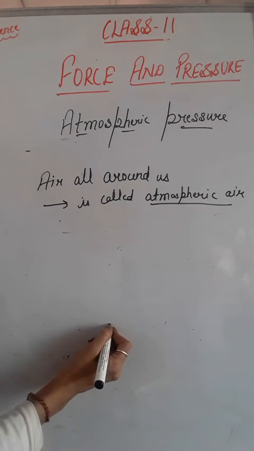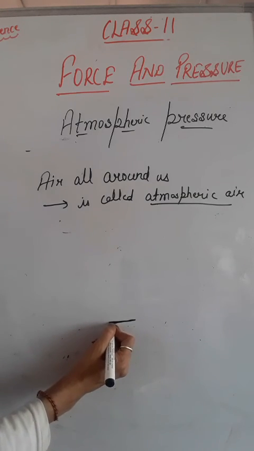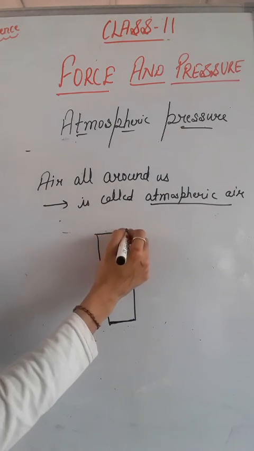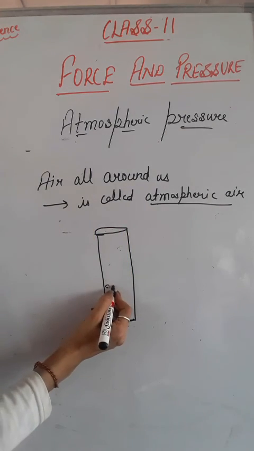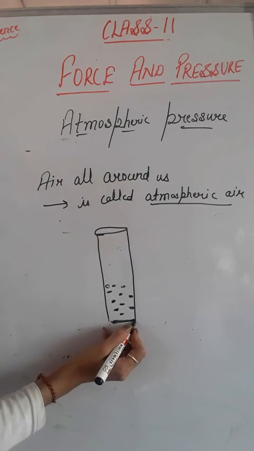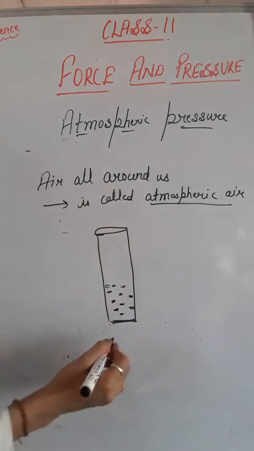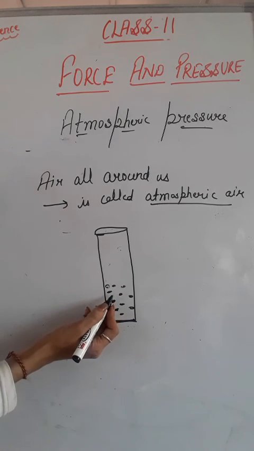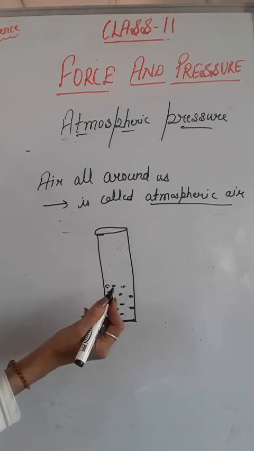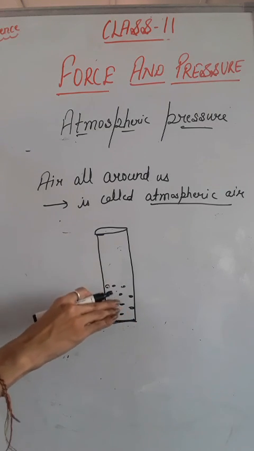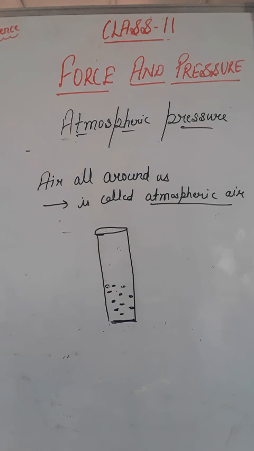Suppose this is a cylinder filled with air, and this is a unit area, and we place the cylinder on this unit area. Then whatever weight of air is in the cylinder, that is the atmospheric pressure.